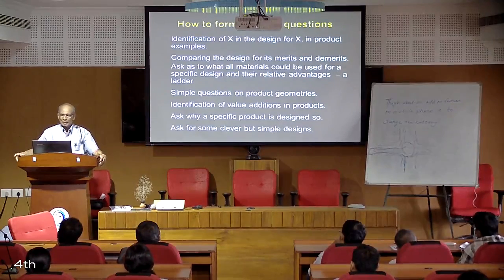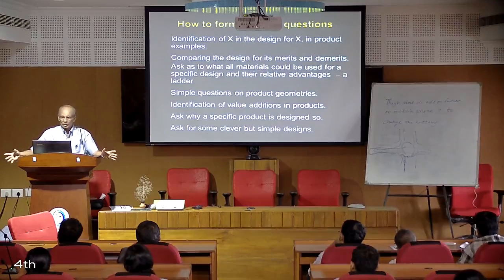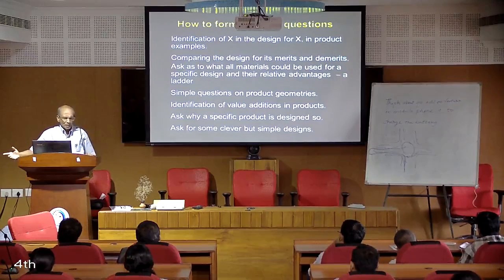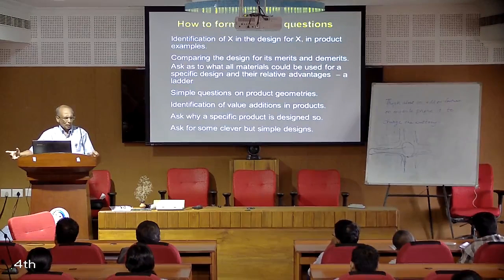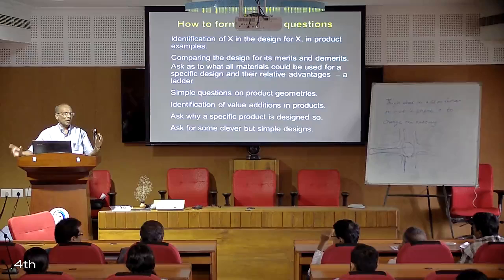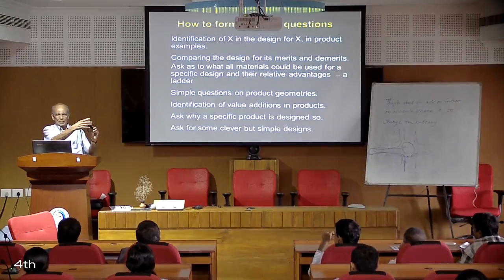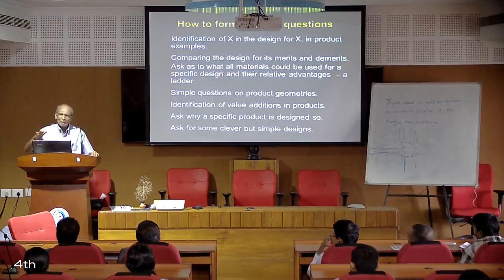So often you can see symmetry is normally the case. You can see any product, there are symmetric products which have a lot. Symmetry is a common thing in many of the products.